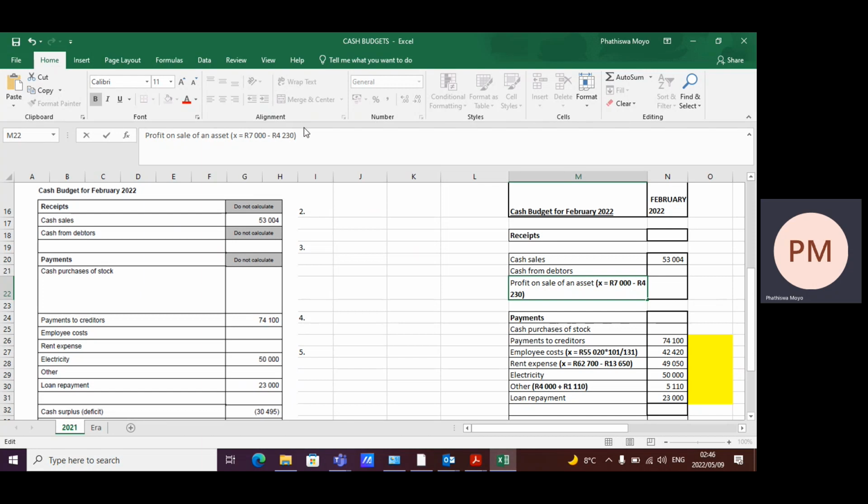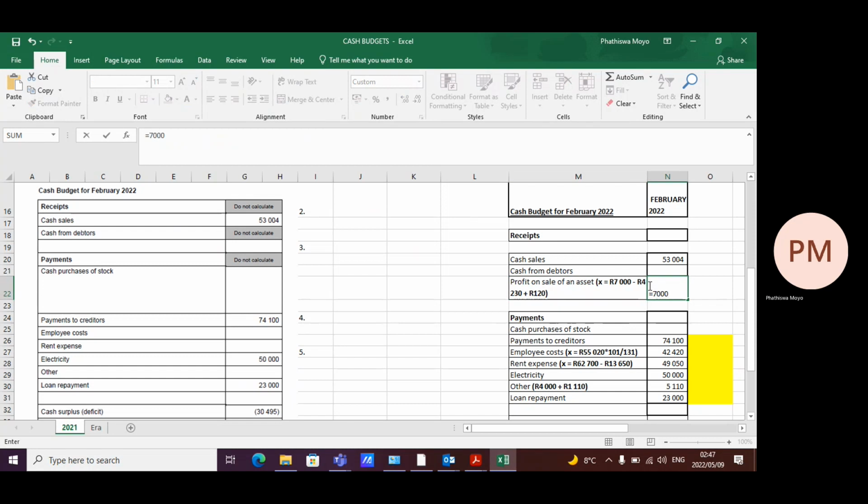Now, if it was a loss, it would be recorded on the credit side of the asset disposal, but this is a profit, so it will be recorded on the debit side. So 2,890.